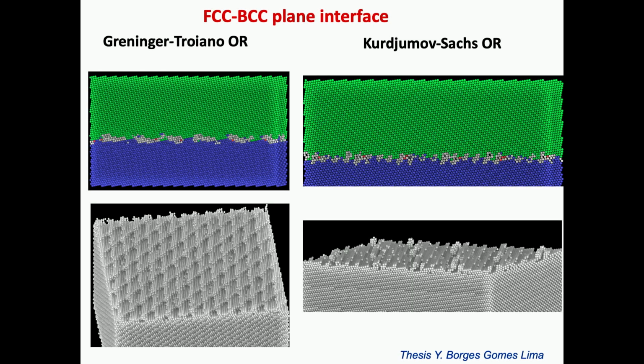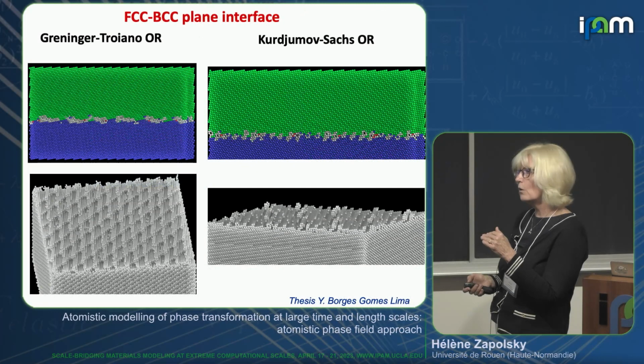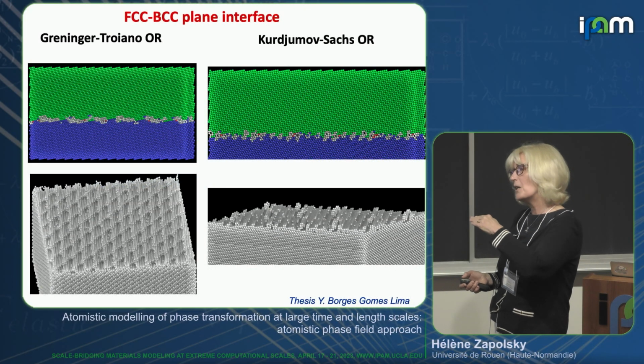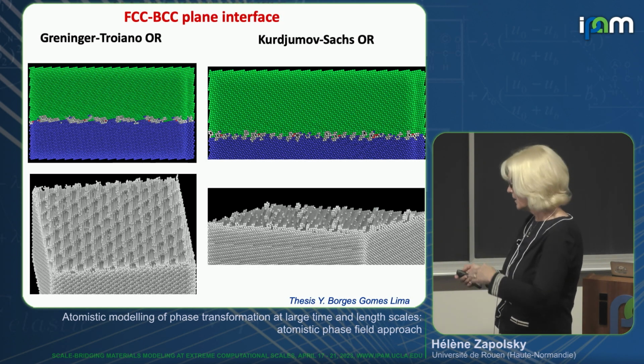First of all, we are modeling the plane interface, where green is the FCC and blue is the BCC, and we can see that if you have different orientation relations, the structure of the interface will be completely different, the nature of the dislocation will be completely changed, and the transformation path will also be different.